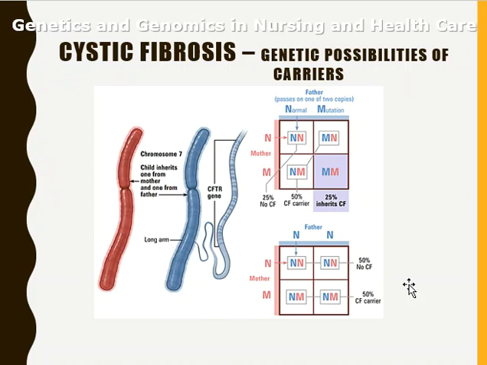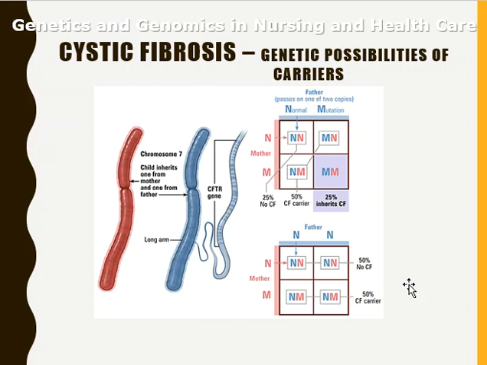Okay, so here is, again, just some genetic possibilities of carriers. You've got the father who is a carrier and the mom who's a carrier. It's important to identify the potential offspring because they'll want to know what their risks are to their potential offspring. Then here down below at the bottom one, you have an unaffected father with a carrier mother.